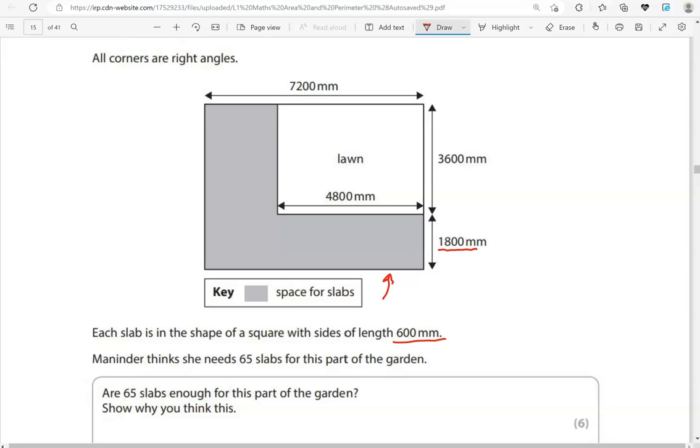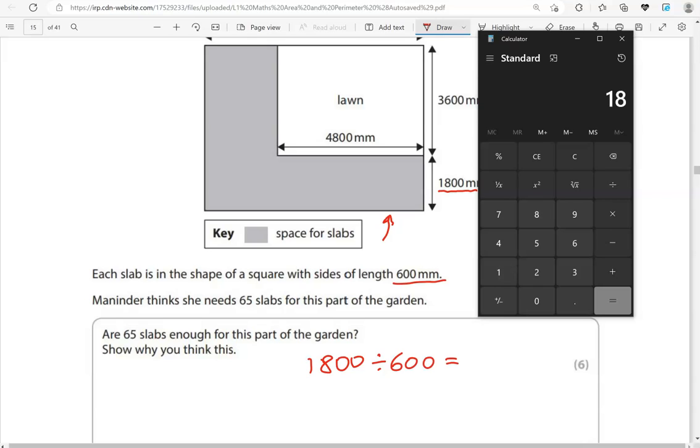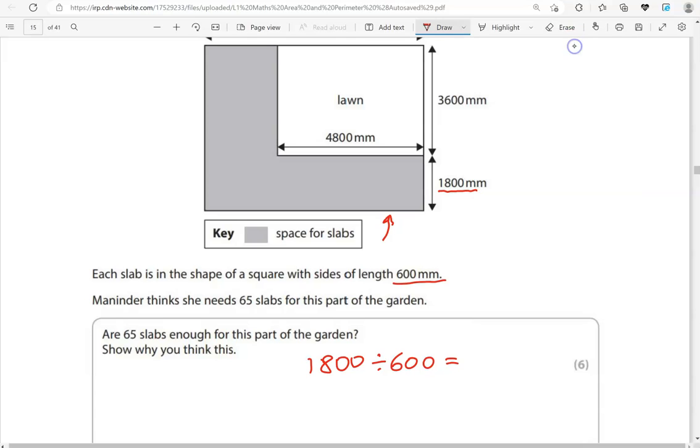1,800. How many 600s fit into 1,800? So we can do 1,800 divided by 600, which is 3. So 3 will fit here. Then we have 4,800 millimeters.